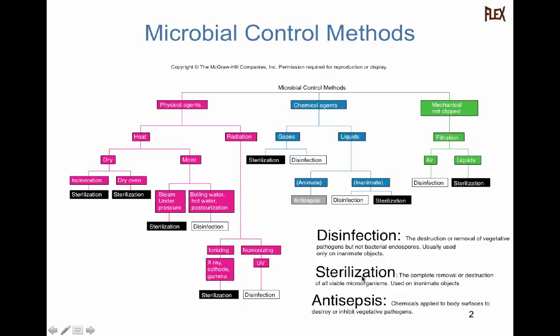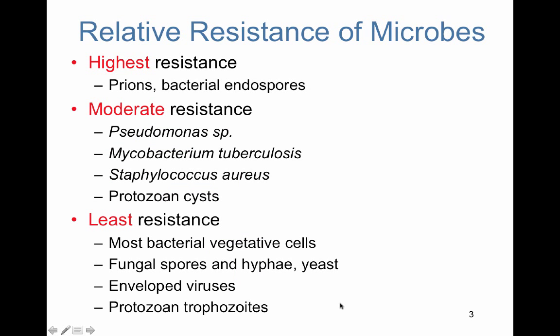When you sterilize something, this would allow for the removal of all microbes, including endospores, and this would also be used on inanimate objects. Whereas antisepsis would be reducing or inhibiting the amount of vegetative pathogens, but the application here is on a body surface, usually on the surface of skin.